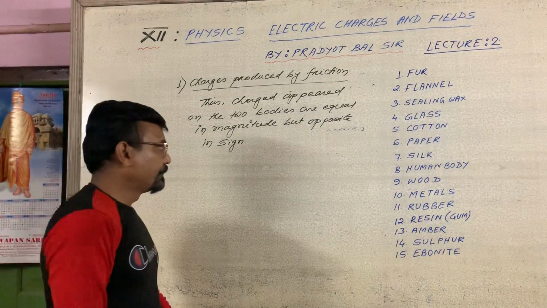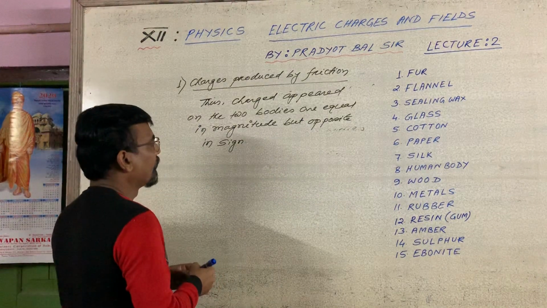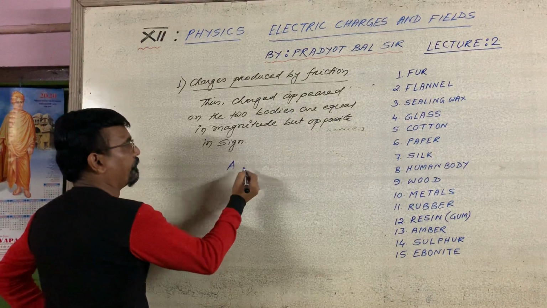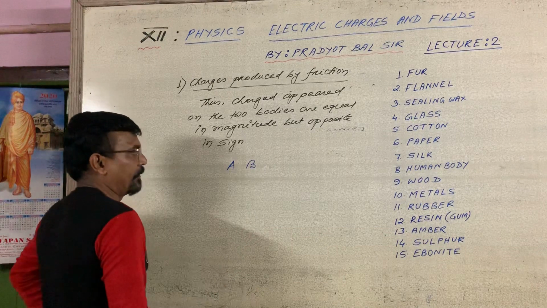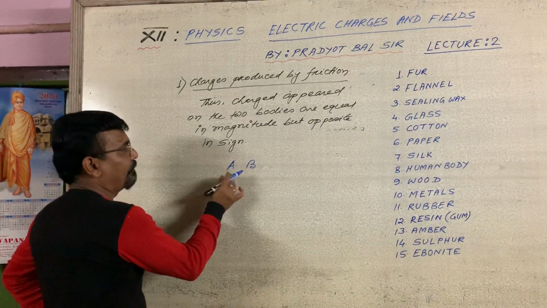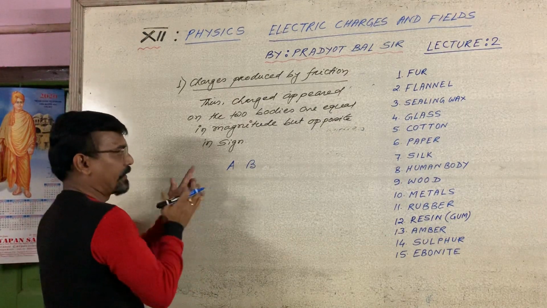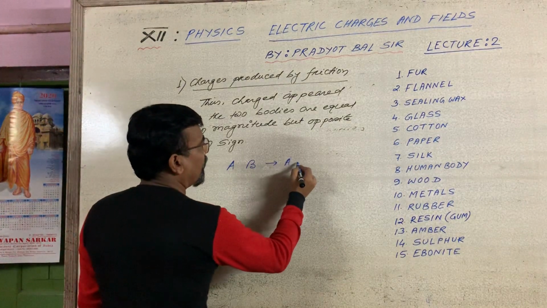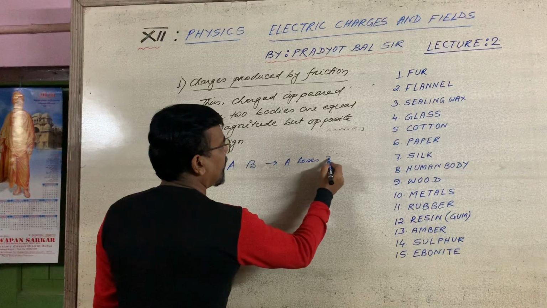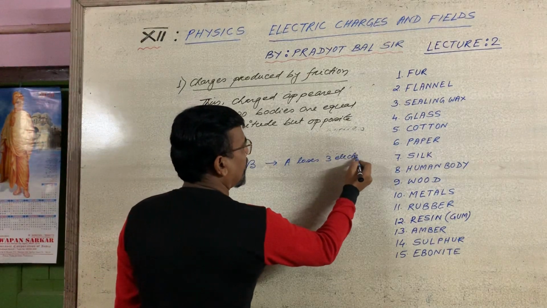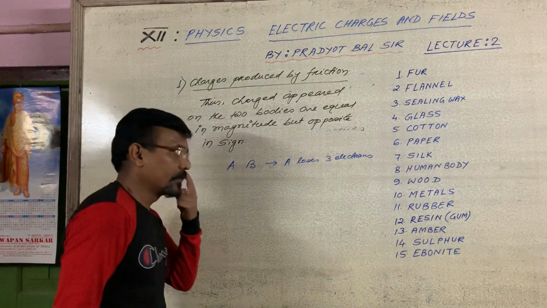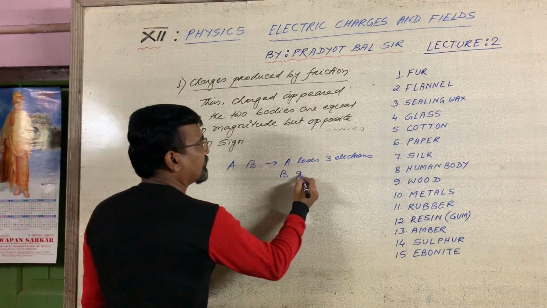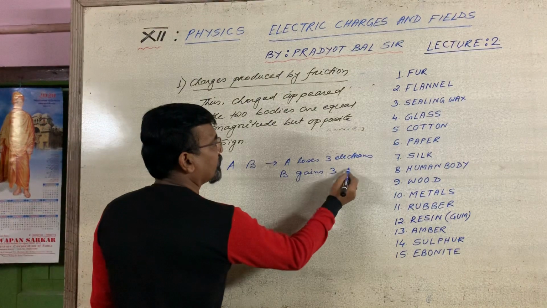Suppose you have two bodies A and B. If you rub A and B, and A loses 3 electrons, then clearly B gains 3 electrons.